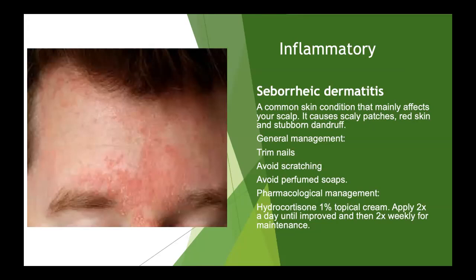Avoid scratching, avoid perfumed soaps. And on our pharmacological management, we use hydrocortisone 1% topical cream. We apply it 2 times a day until there's improvement, and then 2 times a week for maintenance.